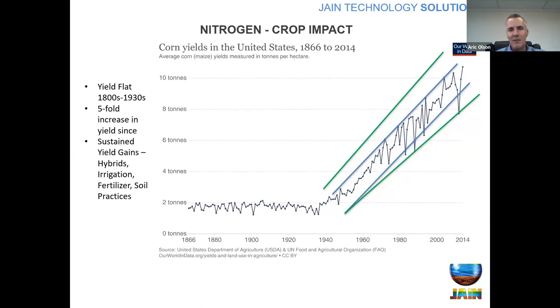Now this is the average yield of corn, and for the people in the United States here that might be a little challenged as far as those metrics, the average yield this last year for corn was 176 bushels an acre, and that's about 11 tons per hectare. So you can see that this trend is continuing up to 2019. We got 11 tons, 176 bushels an acre.